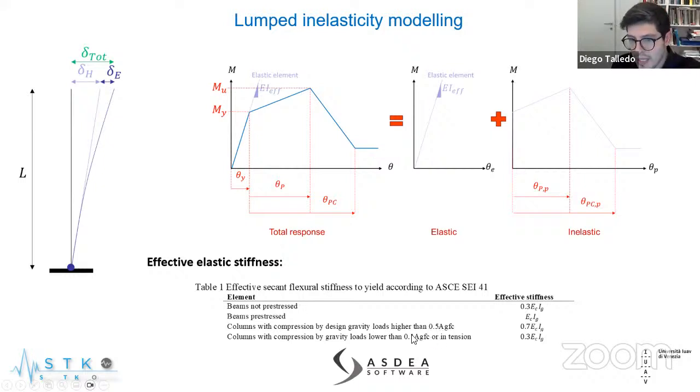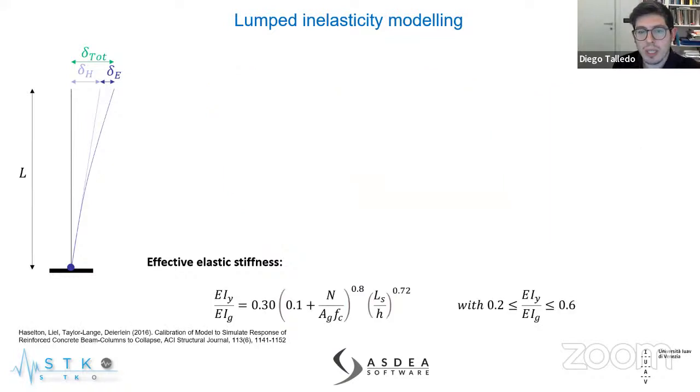Of course, they depend in the sense that when we have a small gravity load or a higher gravity load, we have different values. But we can use something a little bit more detailed. For instance, just for the sake of simplicity, as I said, you can implement your own equations. This is the power of this hinge. This is the equation proposed by Haselton in 2016, where we can see that there is a dependency on axial force and on shear span.